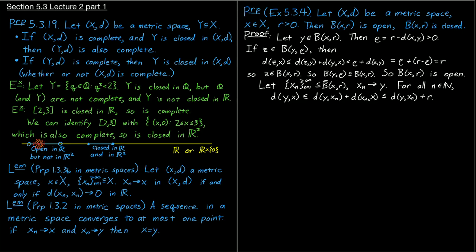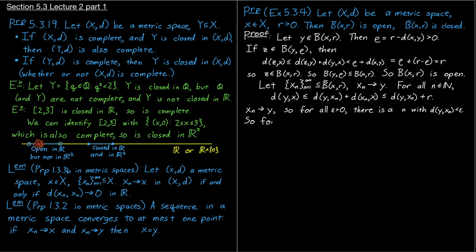And now xn is converging to y, so for all epsilon greater than 0, there is an n with the distance from y to xn being less than epsilon.